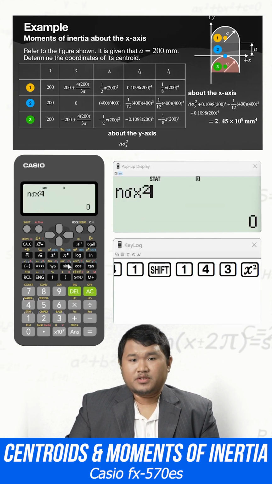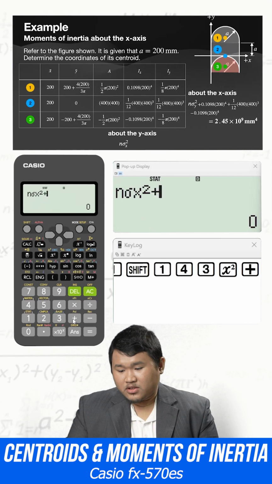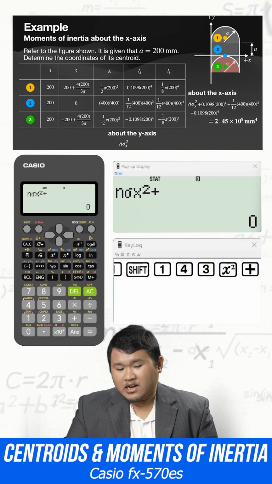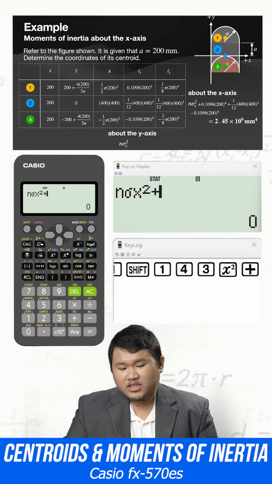And then squared. And then like usual, we will add the y centroidal moments of inertia for each shape.